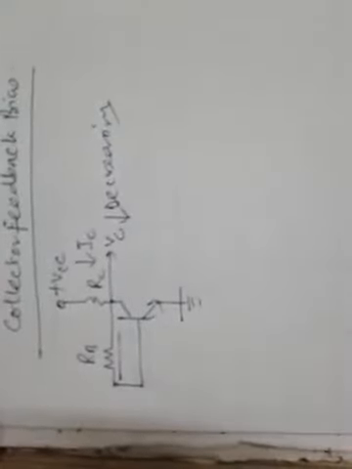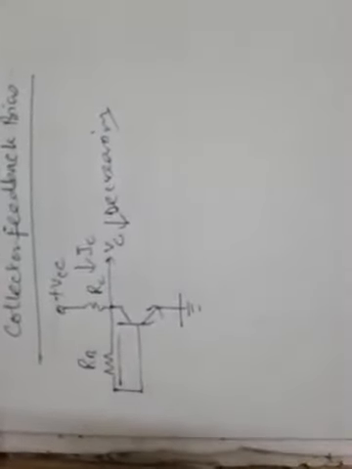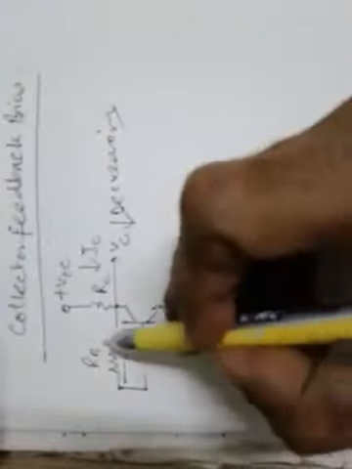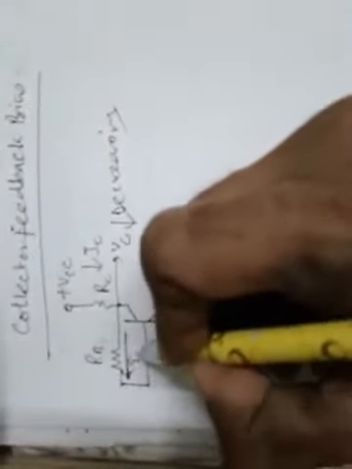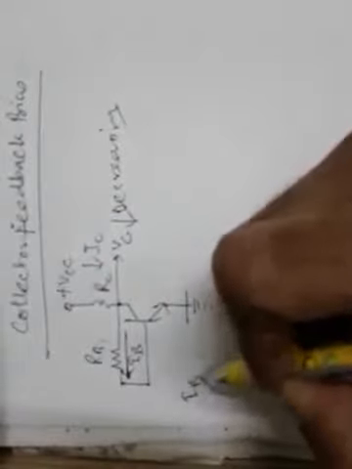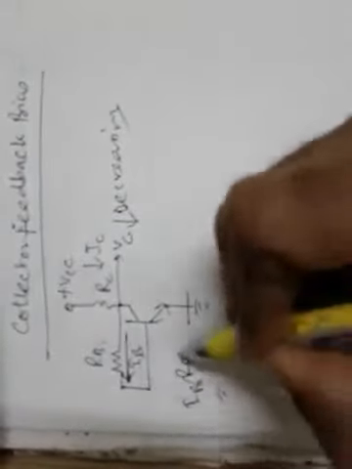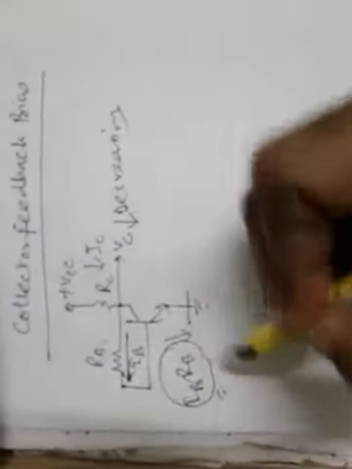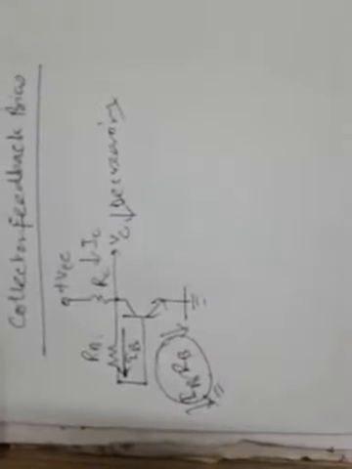So it will in turn decrease the base current. If the voltage across RB is decreased, the base current flowing through this base resistance RB will decrease, because the voltage drop across RB is IB RB. If this term IB RB is decreased, that means IB will also decrease.